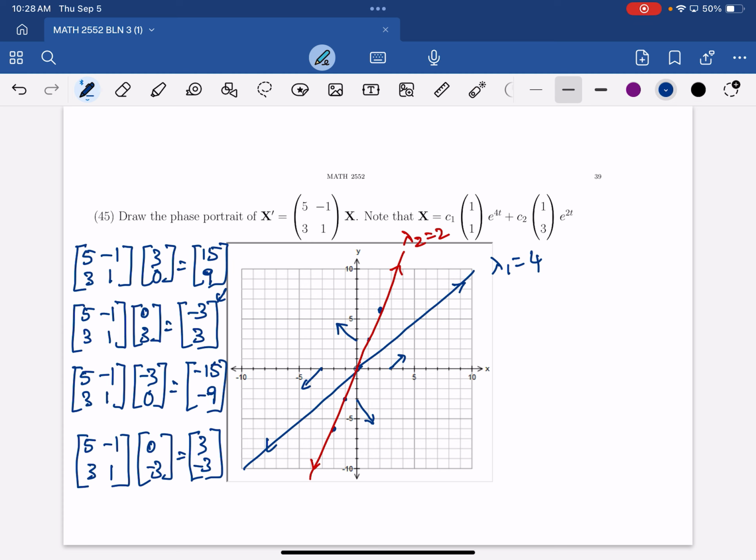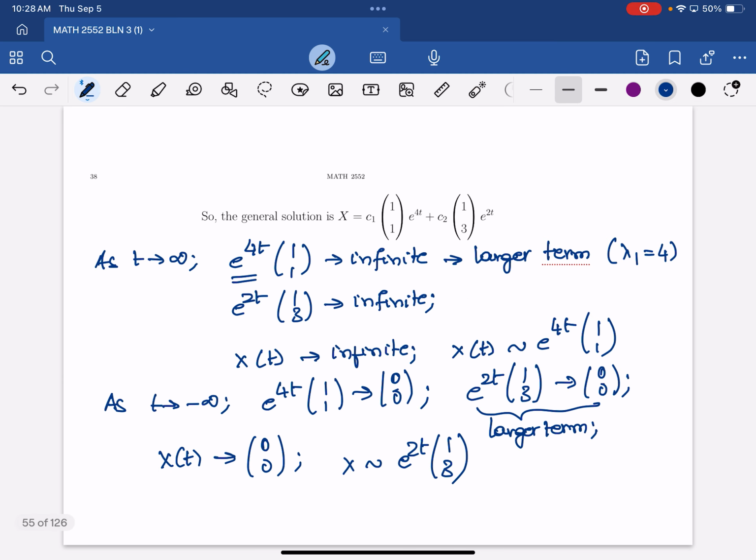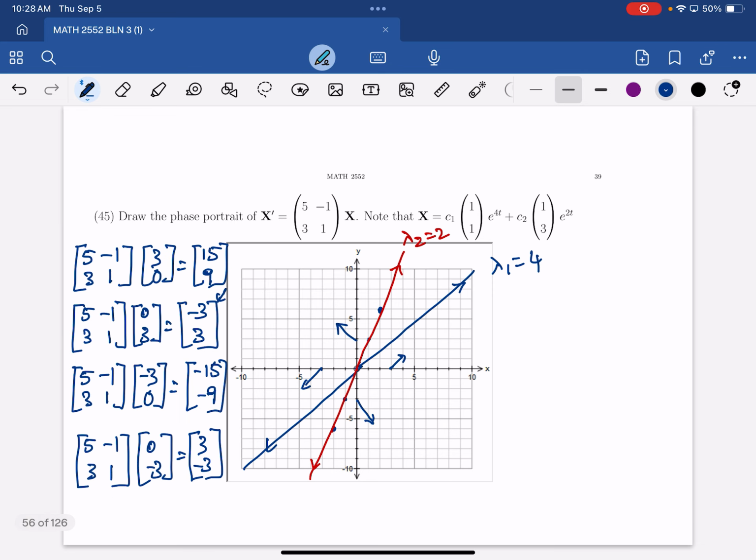So now let's go back to this. In here, I said my solution is becoming infinite as t goes to infinity, and the dominating term corresponds to lambda 1 equals 4. And as t goes to negative infinity, my solution goes to the origin, but the dominating term is lambda equals 2. So when I'm near the origin, my solution curves are near the eigenvalue 2.